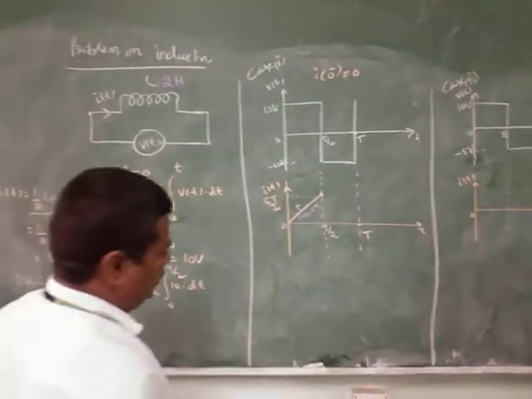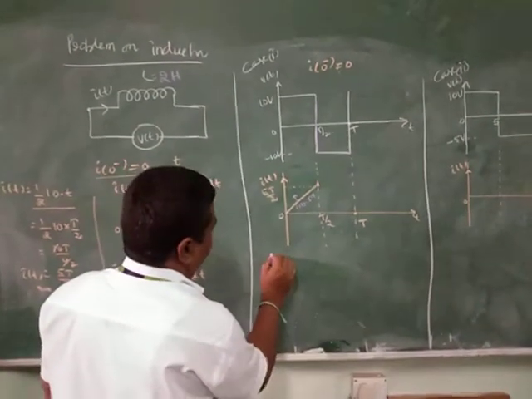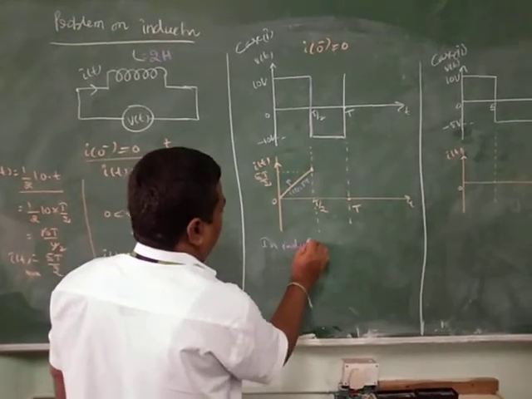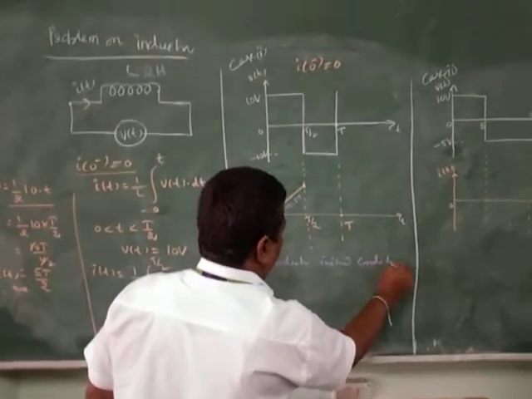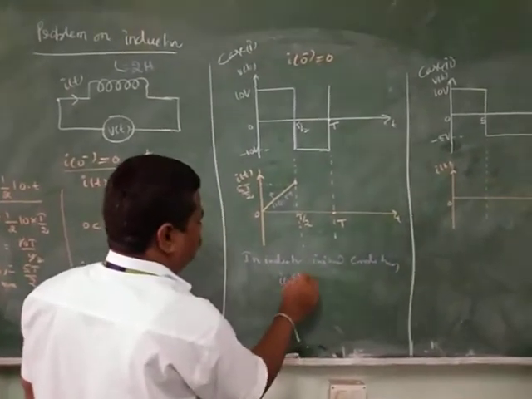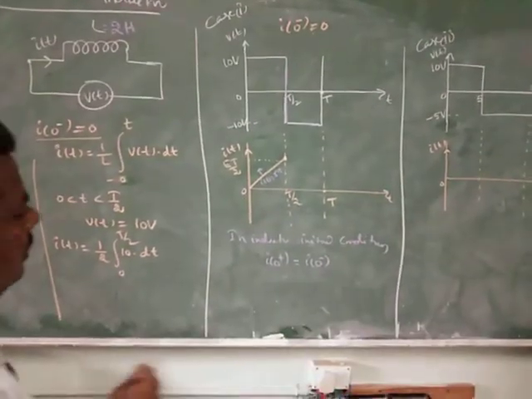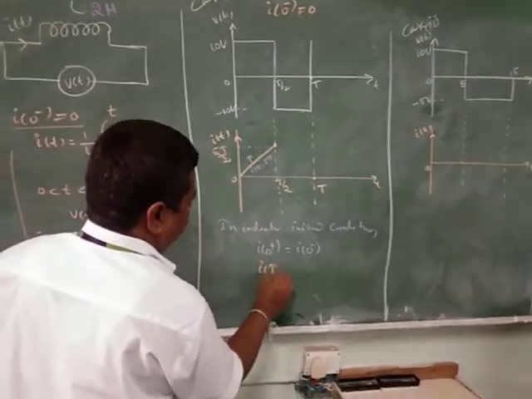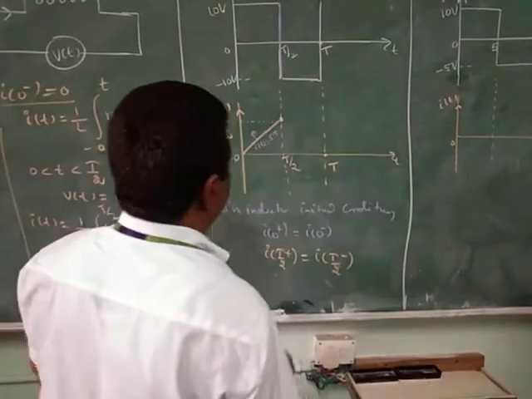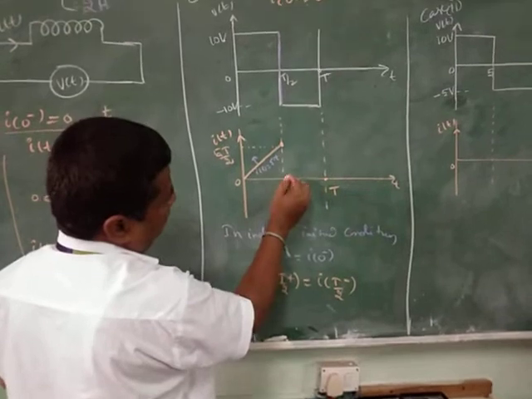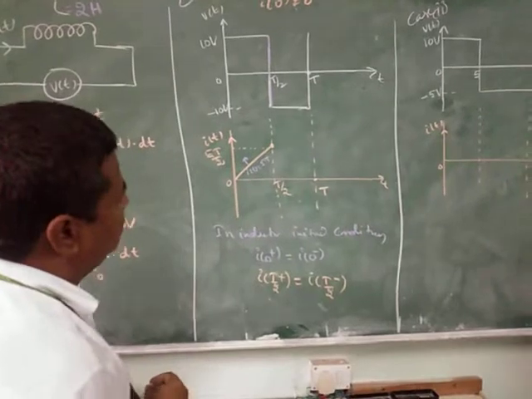Already we know the initial condition in an inductor: I of 0 plus is equal to I of 0 minus. That means I of T by 2 plus is equal to I of T by 2 minus, so just after T by 2 the current is the same as at T by 2 minus.